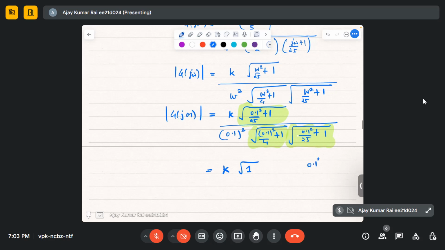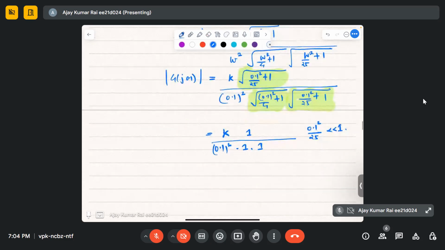Because this is very much less than 1. Similarly you can do for the other 2 terms, right? So this approximation you have done.